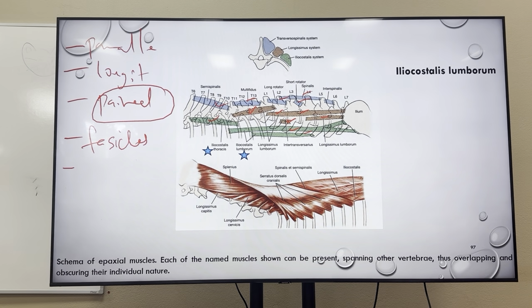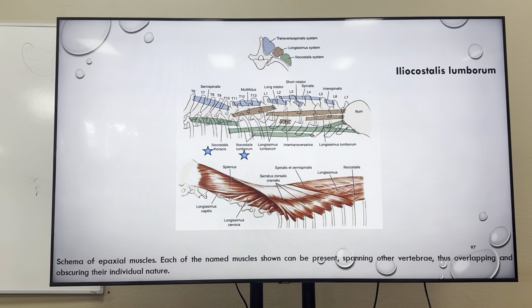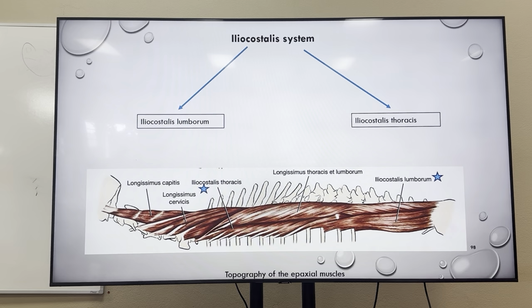So these are what we refer to as fascicles. And we can say that they are extensors or lateral flexors. The iliocostalis has two muscle fascicles, that is the iliocostalis lumborum and iliocostalis thoracis.